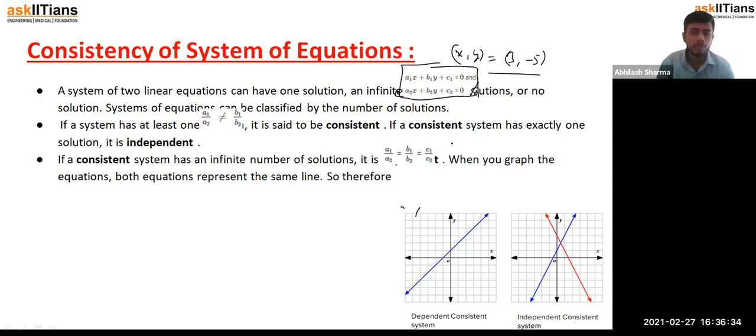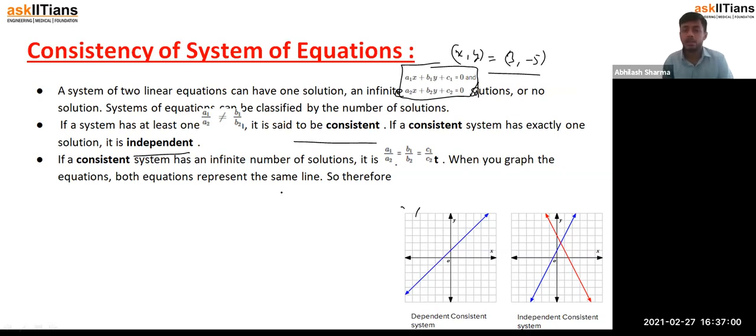Now, systems of equations can be classified by the number of solutions. If the system has at least one solution, it is said to be consistent. If a consistent system has exactly one solution, it is independent. The reason is that it has a unique solution.